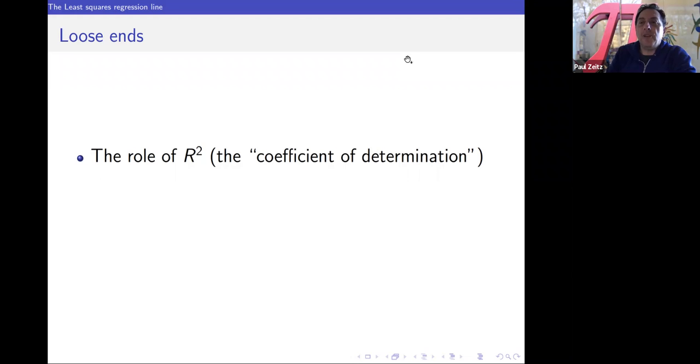And the place where you will hear about R squared, and I'm not going to give you a very technical answer. You can go on Wikipedia if you wish and just look up the coefficient of determination and you'll get equations galore. But the idea of the R squared is, well, one, it's just the square of the correlation coefficient.